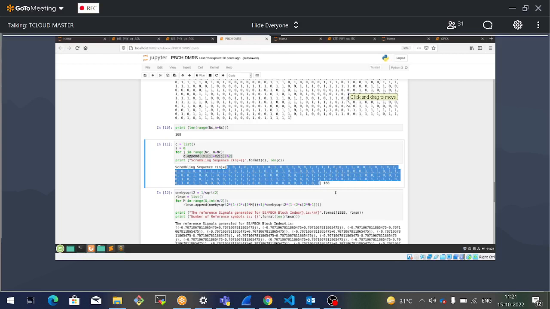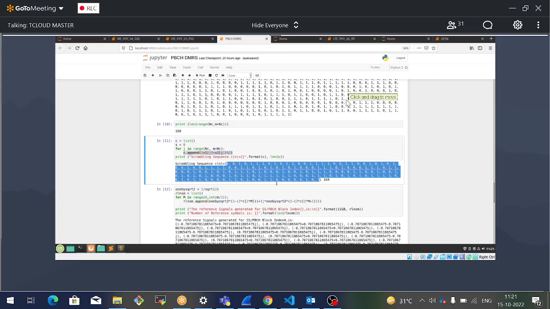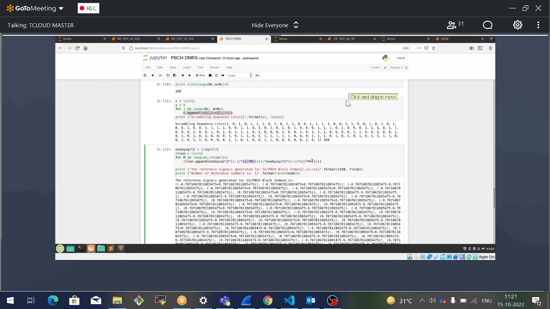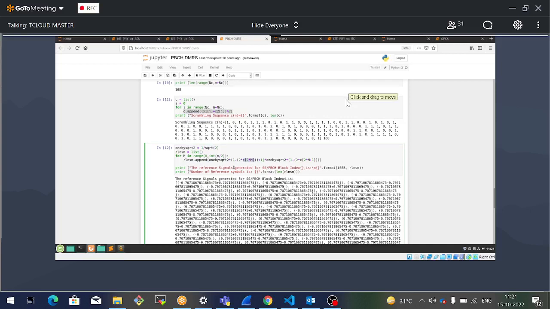Once you have the scrambling sequence available, you use those 168 elements, the 0th element and first element, and calculate the first symbol of the PBCH DMRS. First one, you calculate the first bit, second bit, like that you calculate the QPSK symbols, 84 of them.